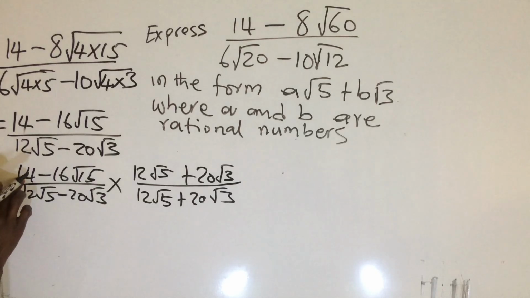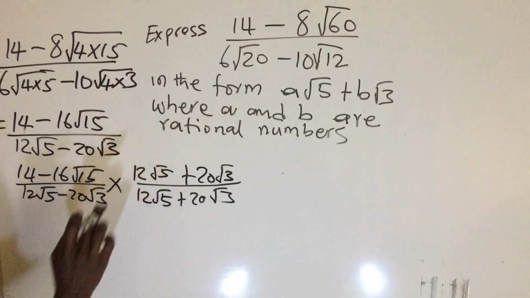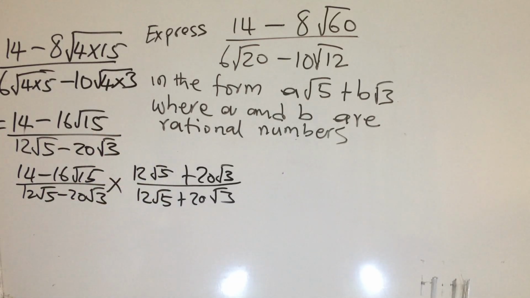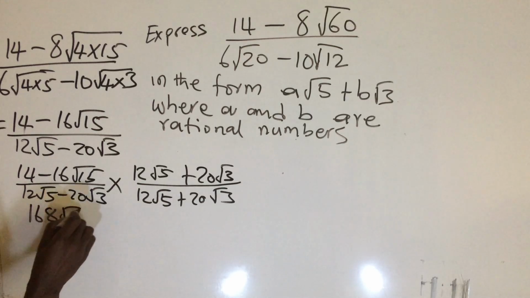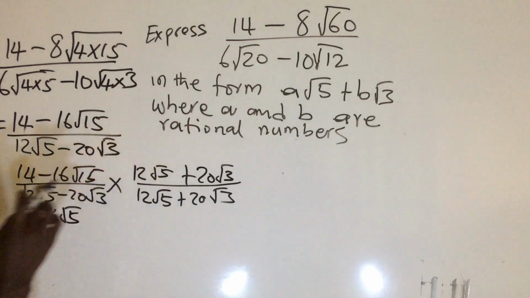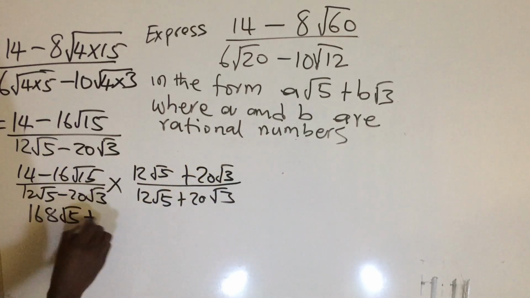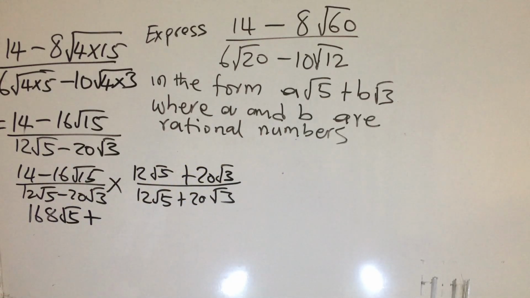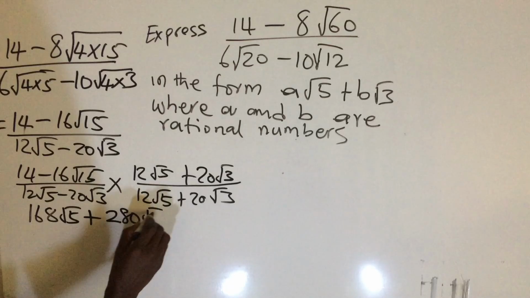14 times 12 root 5 will give us 168 root 5. Now the same, 14 times 20 root 3 will be plus 280 root 3.